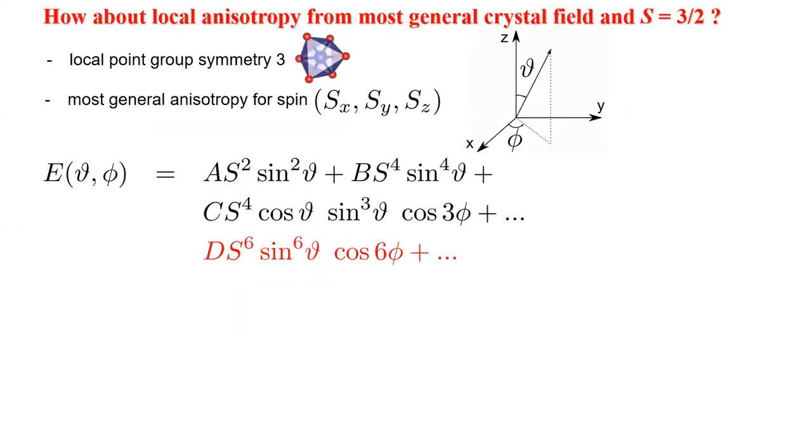So as a final point, you may ask, well, you've looked at anisotropy for the effective spin one half. However, the true spin is spin 3/2. So how about anisotropies at this level for spin 3/2? Indeed, in this case, one can have several anisotropic terms. This is the easy plane part.